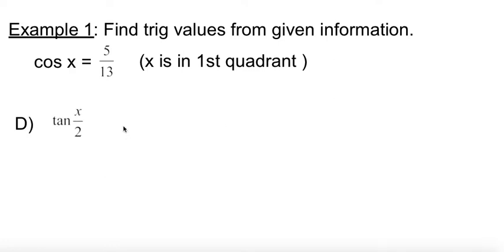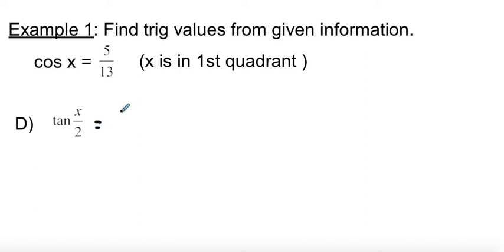Tangent. So the half angle for tangent there, again, you get to decide which formula you're going to use for this. We have 2 different formulas here, so completely whichever one you're more comfortable with.